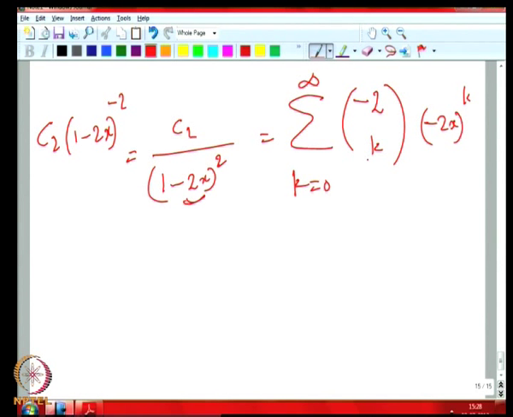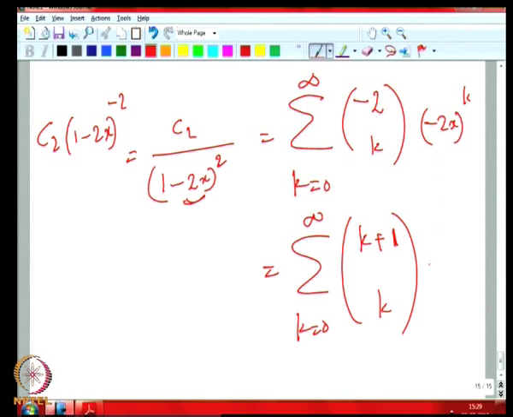And you know how we did this: k plus 2 minus 1 choose k, so this is just k plus 1 choose k into minus 2 raised to k. Sorry, we also had a minus 1 raised to k coming from here, and we have minus 2 raised to k here, that is x raised to k, and this minus will go away.